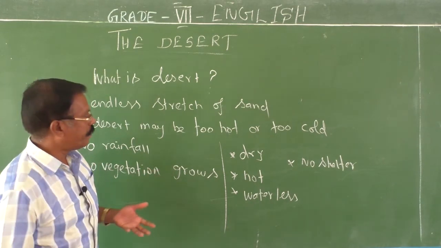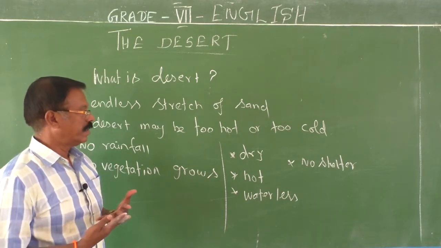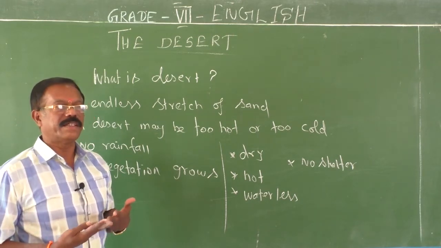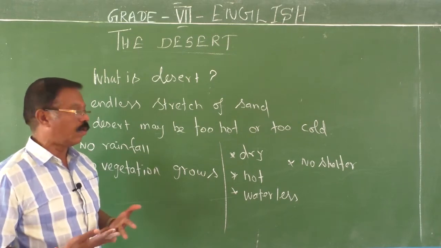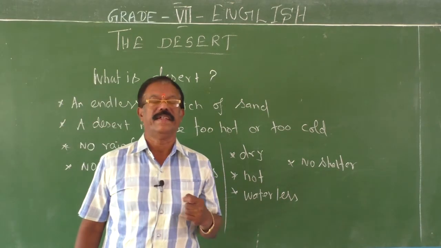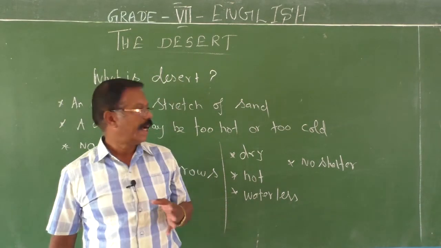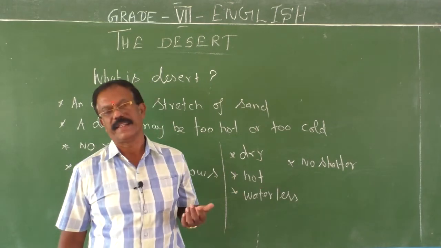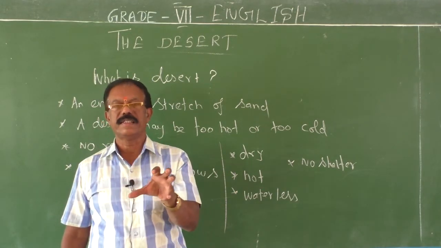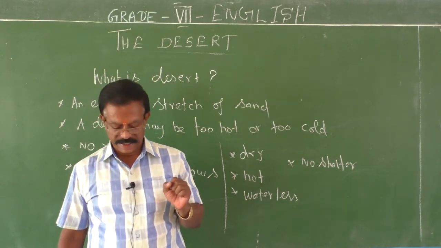The climate prevailing in the desert is very dry and very hot. In the daytime it is very hot, in the night it is biting cold. This area is identified as a waterless area, and there is no shelter.